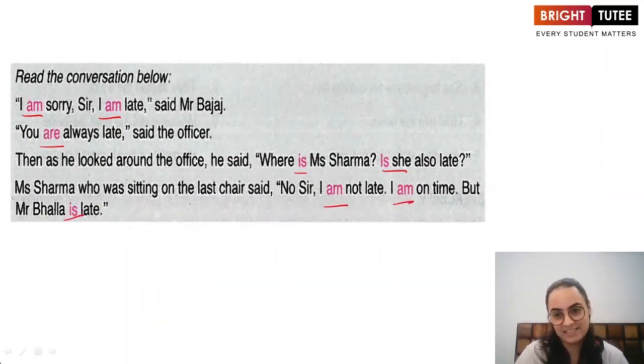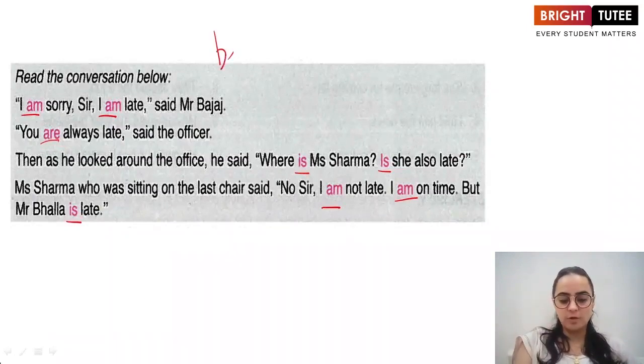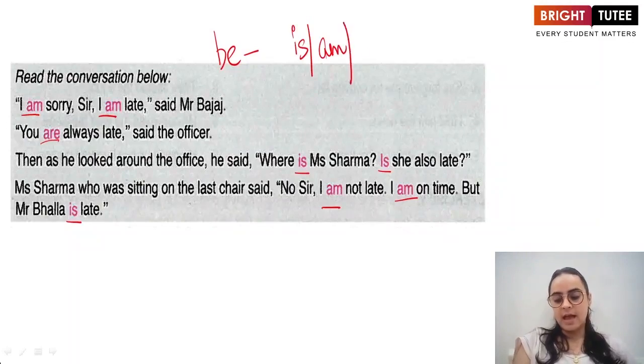Bhalla is late. So if you look at this entire conversation, we have used the present forms of the verb be, that is, am, is and are, as ordinary verbs in the entire conversation.